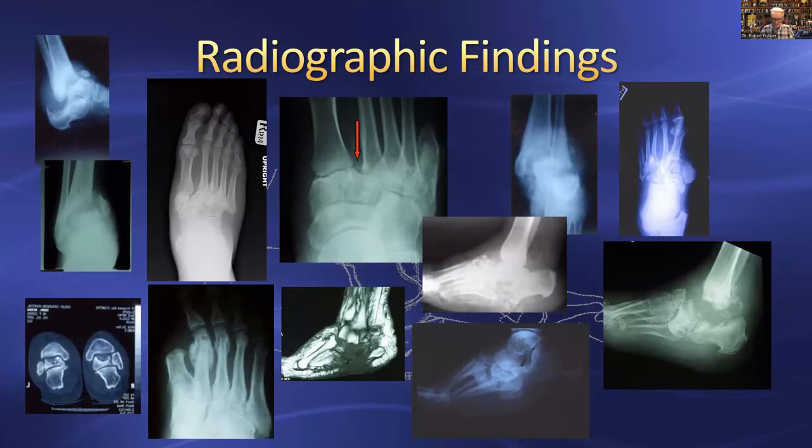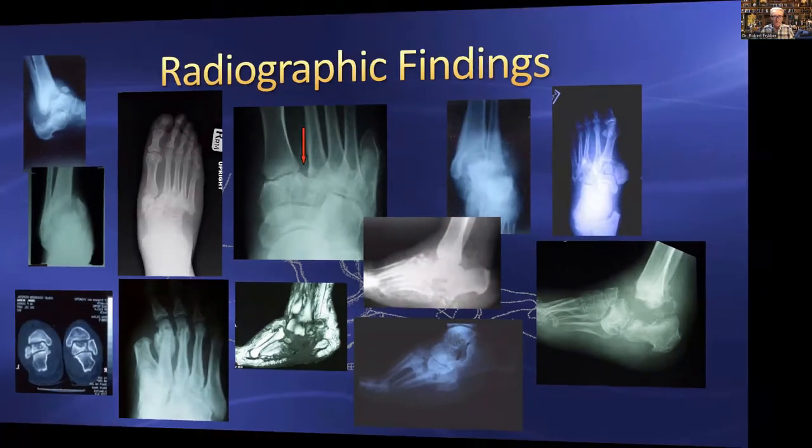Look at the base of the second metatarsal. Even a simple 1 millimeter slip or subluxation to the side or dorsally or plantarly is diagnostic for a Charcot foot.